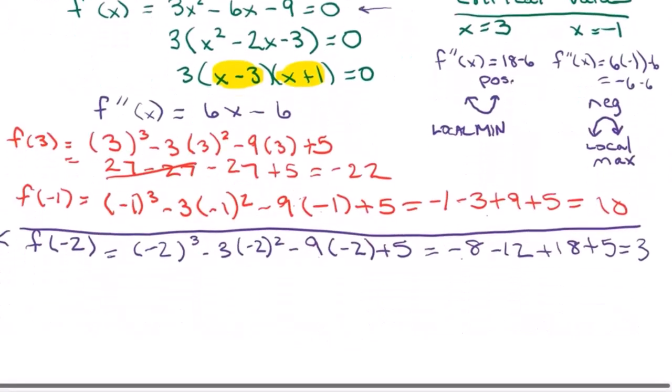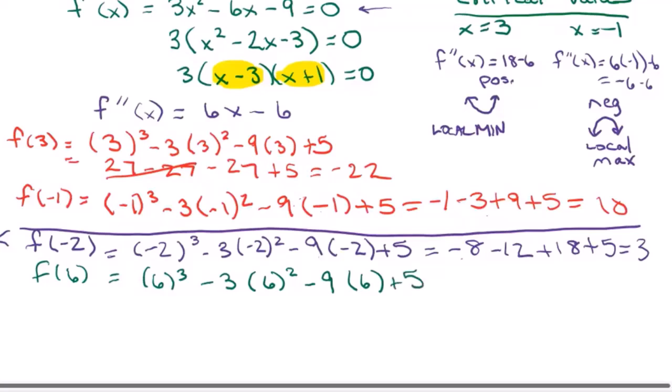So we have f of 6 is equal to 6 to the third power. Oh, this has possibilities. Times 6 squared minus 9 times 6 plus 5.